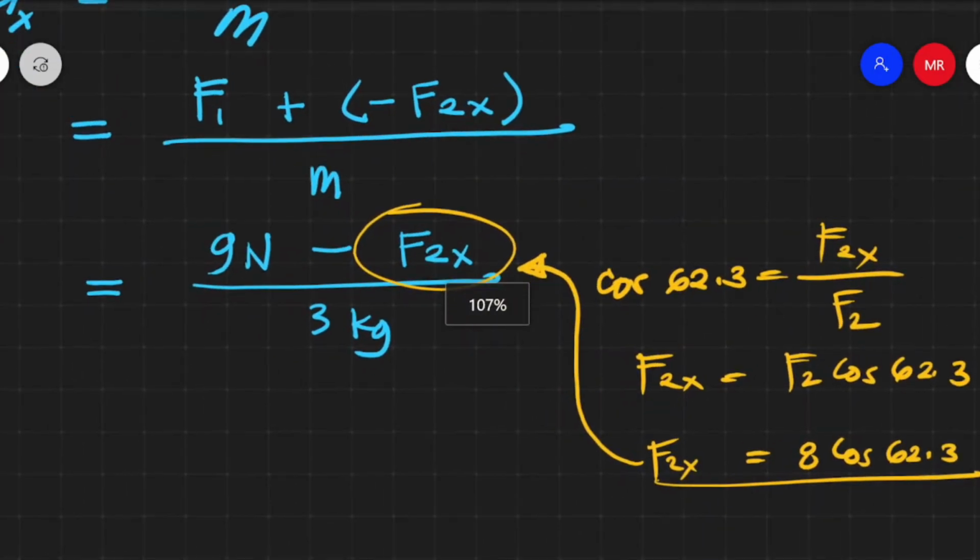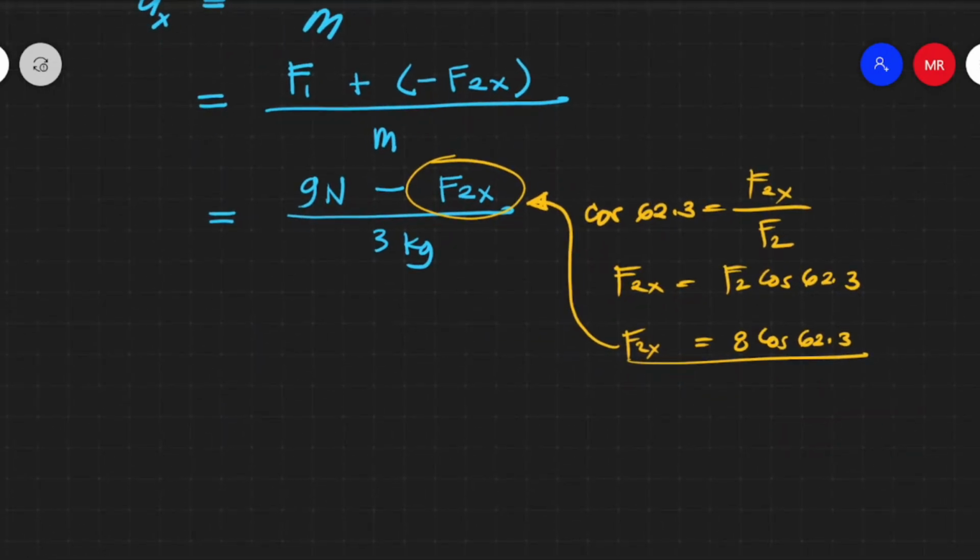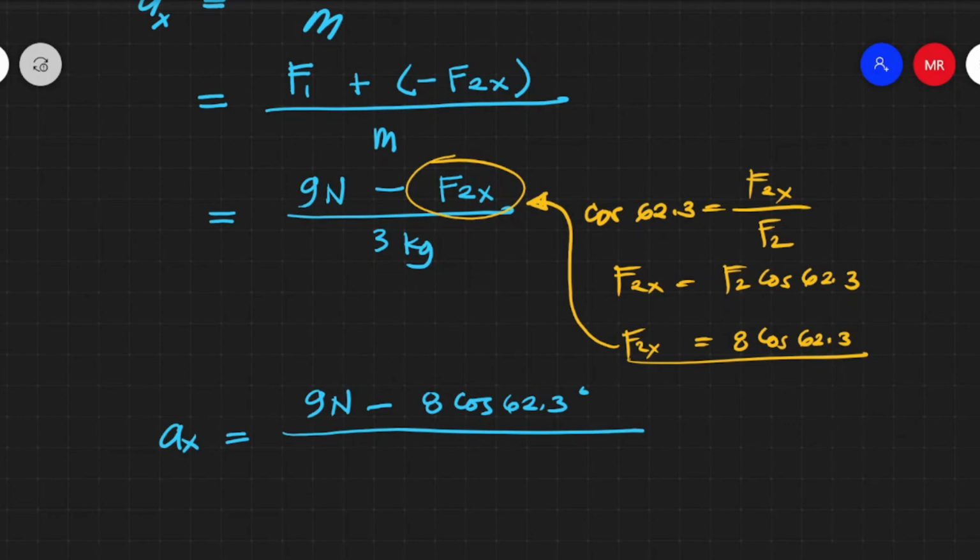So let us now solve this equation for acceleration. We now have acceleration x equal to 9 newtons minus 8 cosine 62.3 degrees all over 3 kilograms.